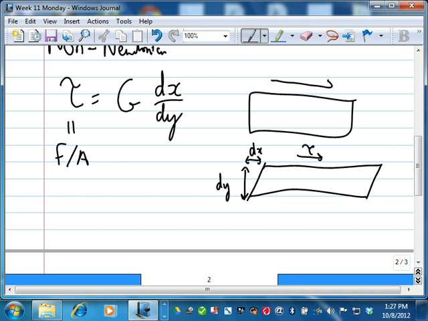In fluid mechanics, when you shear some fluid, it's not going to just deform and stop. It's going to move. So shear stress is equal to mu times dx dot on dy, where this x dot is actually the velocity u. In fluid mechanics, when you shear something, it will flow.